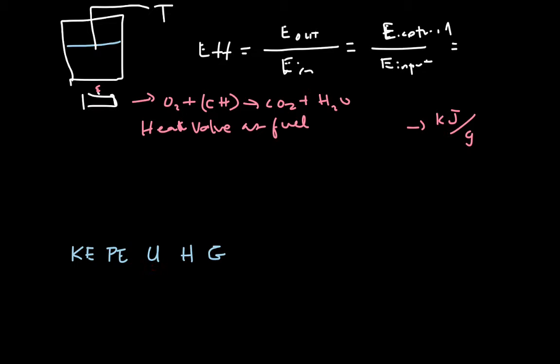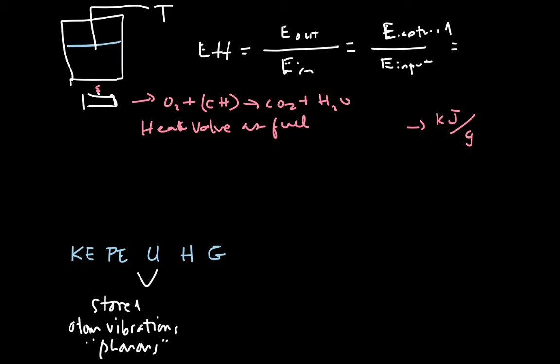So what I want to do is distinguish between these three energies. The internal energy is really the energy stored in the atom vibrations, also known as phonons. So mechanical vibration of the atoms, phonons.